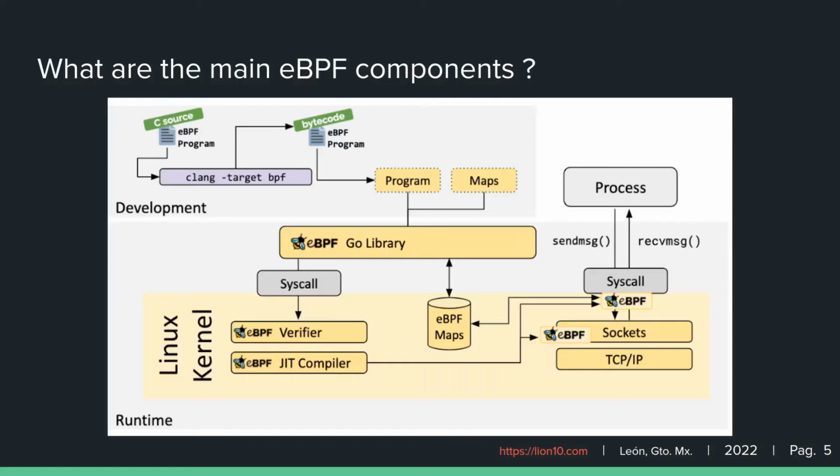The first one is that you need the required privileges to execute one of these programs. There's a verifier process where programs are validated to ensure that they always run to completion. That's what I was talking about a little while ago, that they don't just loop infinitely. Programs may not use any uninitialized variables or access memory out of bounds.